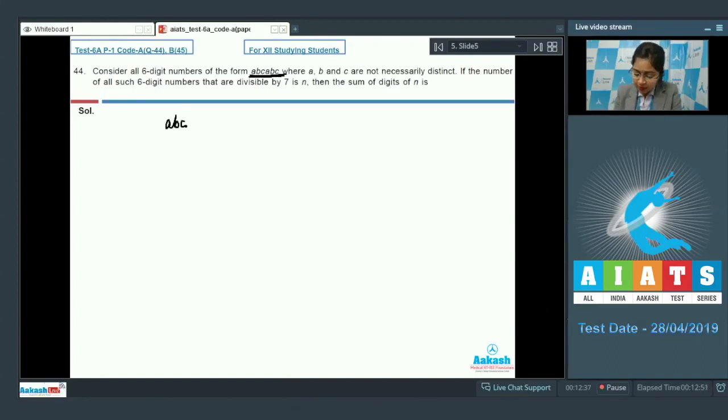Now the number ABCABC can be written as 10 raised to the power 5 into A plus 10 raised to the power 4 into B plus 10 raised to the power 3 into C plus 10 raised to the power 2 into A plus 10B plus C. This is how we can write the number. If I take 10 raised to the power 2 A common, we get 10 raised to the power 3 plus 1.